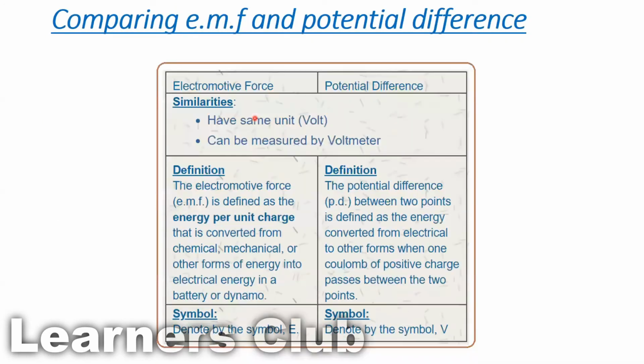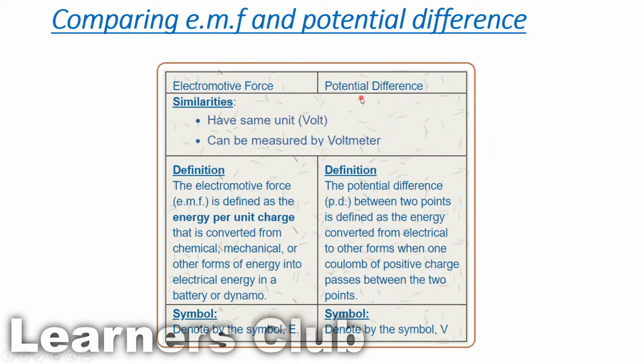Comparing EMF and potential difference. Electromotive force and potential difference both have the same unit, that is volt. They both can be measured using a voltmeter. These are the similarities. And as we have seen in the definitions, the energy transferred for a unit charge is from other forms to electrical in terms of electromotive force.